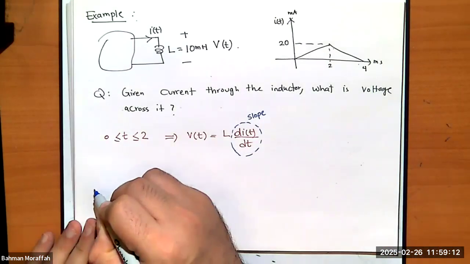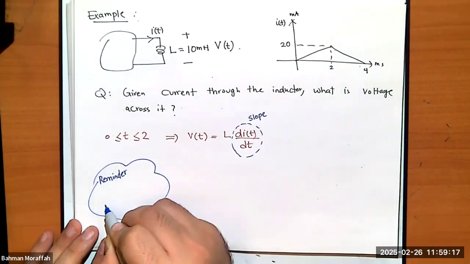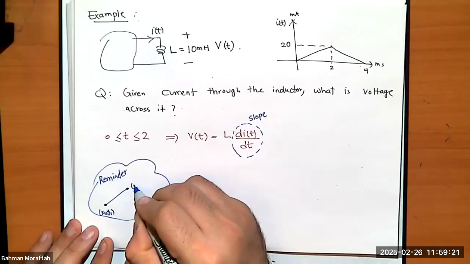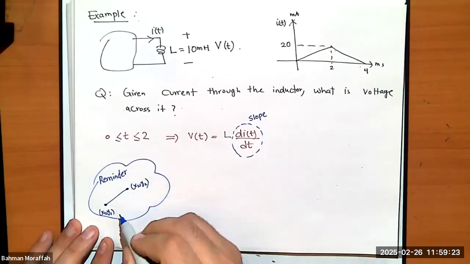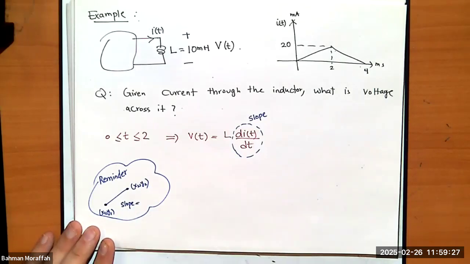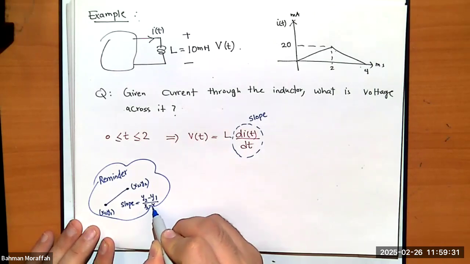Just a reminder, if I have two points (x1, y1) and (x2, y2), the slope is y2 minus y1 divided by x2 minus x1.